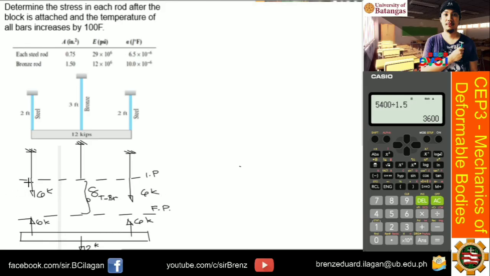Okay, so di ba yung ating steel rod, mas maikli yung naging deformation niya sa temperature. So ito, gawin natin hanggang dito lang siya. So as for dun sa kabila, this will be the deformation or the delta T for the steel.